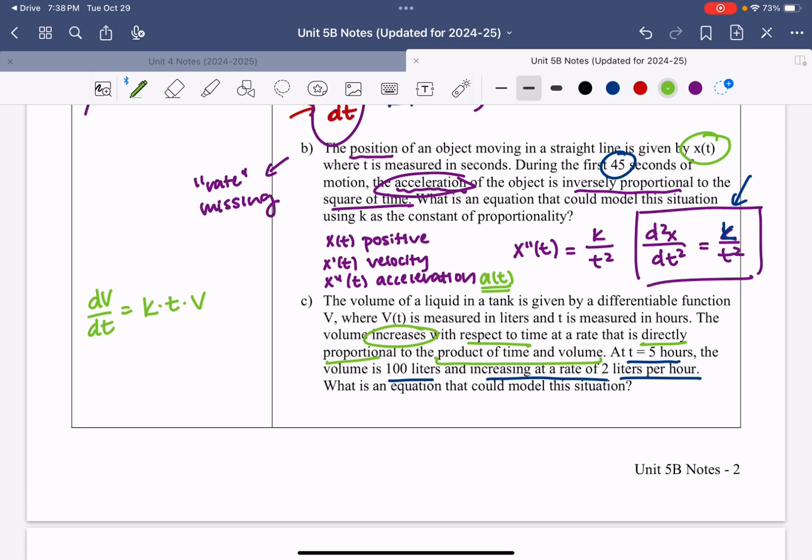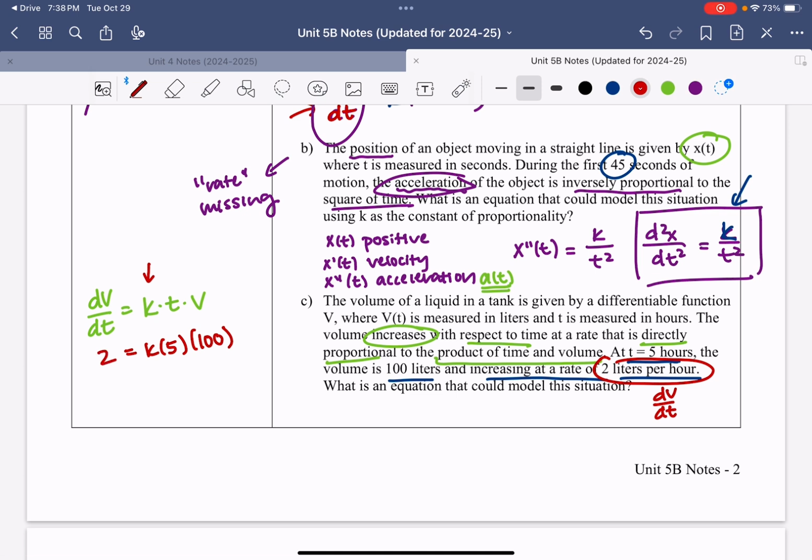Now that we have all of this, since we have this other information, I'm going to go ahead and plug it in to solve for k. So we know that at t equals 5 hours, so t is 5, the volume is 100 liters, and then we know that it's increasing at a rate of 2 liters per hour. So this represents our dv dt.